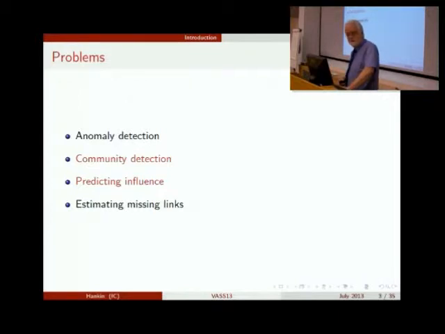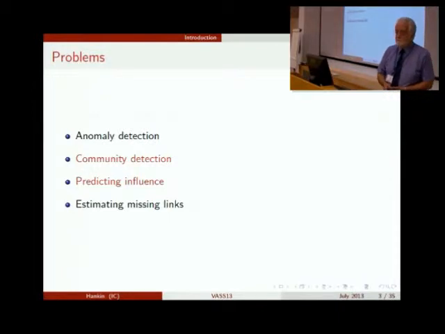We've done quite a bit of work on anomaly detection, which I'm not really going to talk about very much today. We've done a lot of work on detection of communities, particularly taking social media data and detecting sub-communities within a network, and also most particularly looking at how those sub-communities change over time.